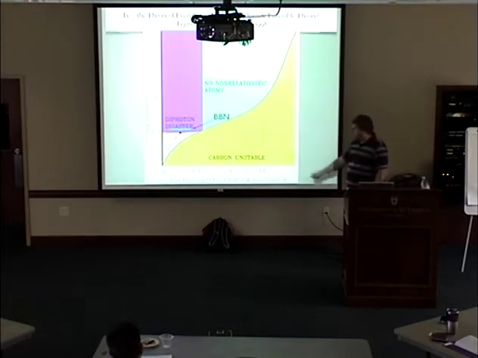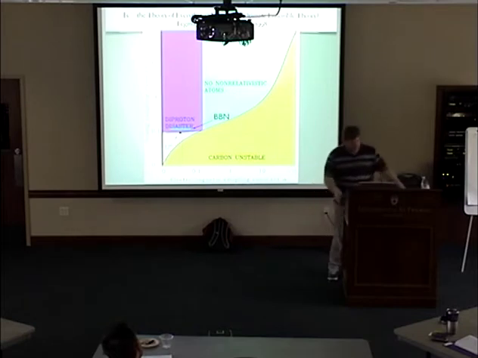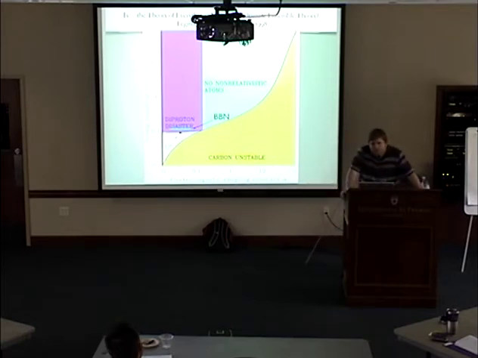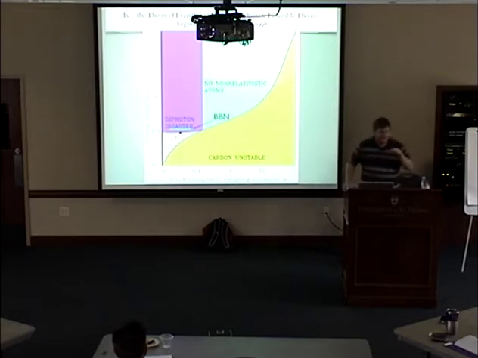The obvious ones are, if you're in this yellow region, then carbon is kaput. It won't be stable, so that one's gone. Here you have no non-relativistic atoms. What that means is the electron in its orbit has to move too fast, so fast that it's got enough energy to make its own antiparticle, basically.